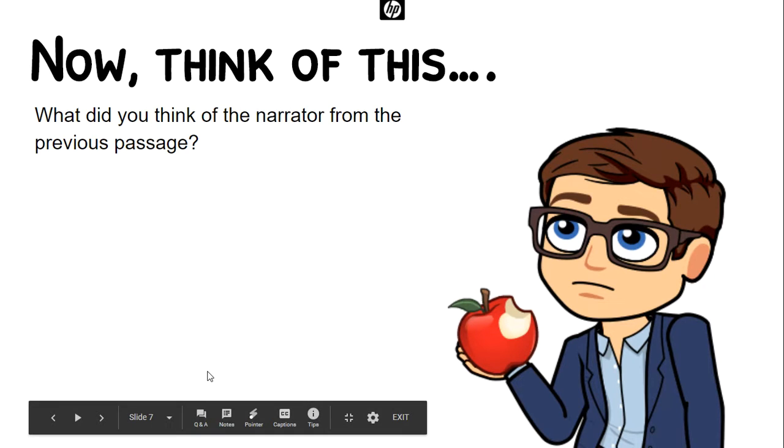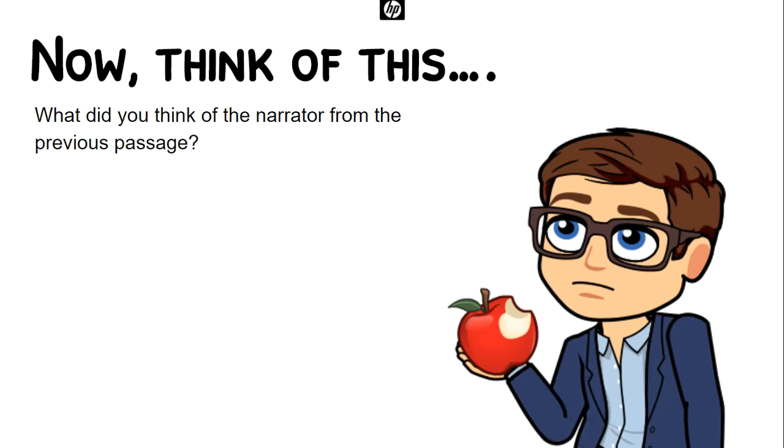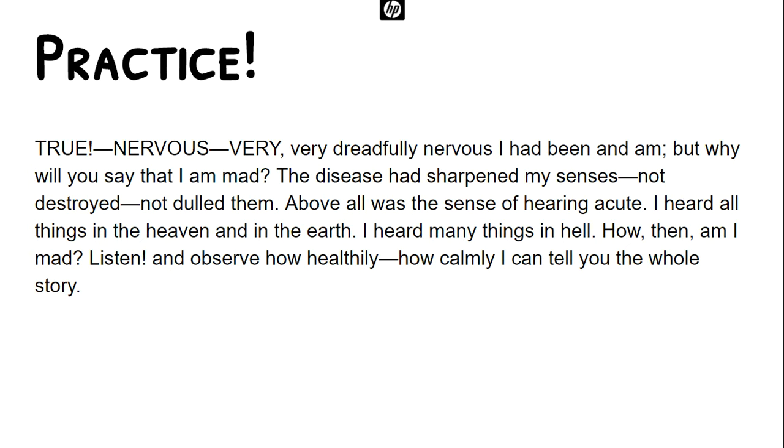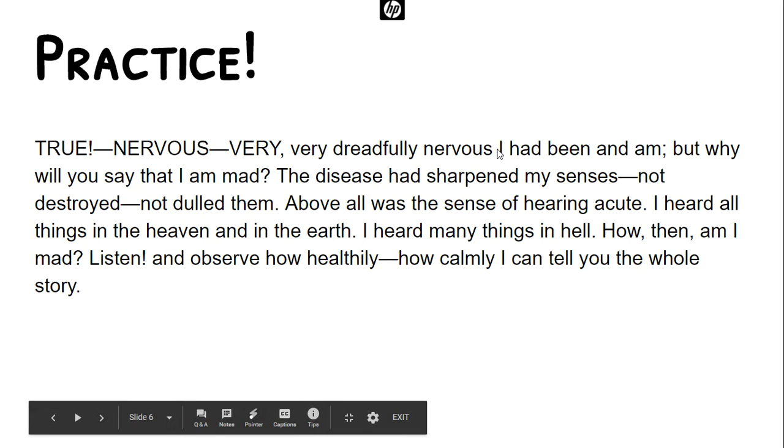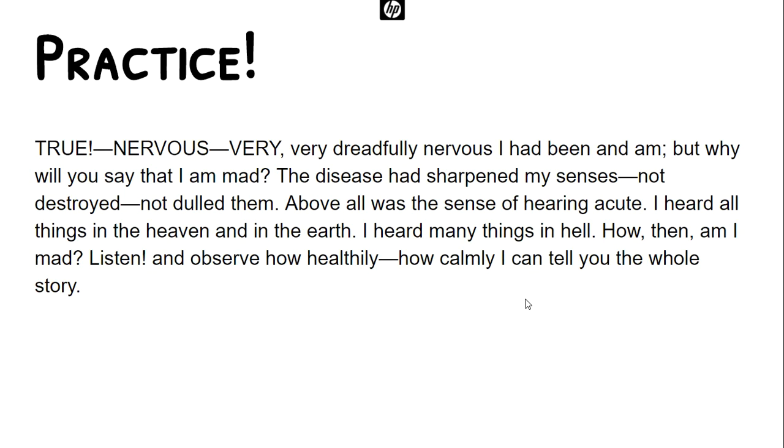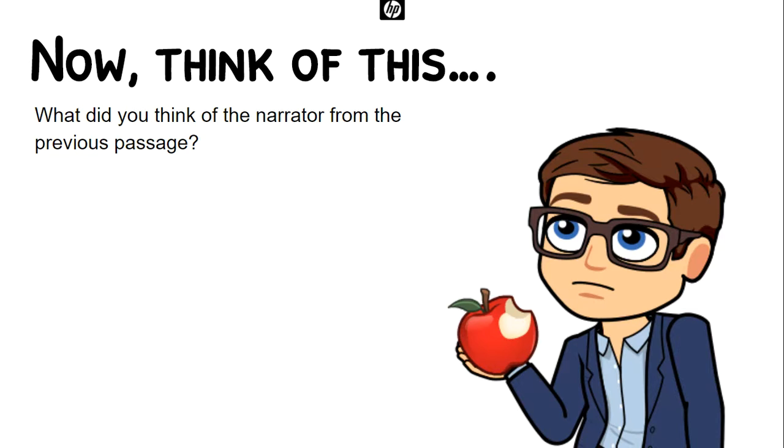Now, think of this. What did you think of the narrator from the previous passage? If you were reading it, you know that it's first person point of view because they're using pronouns such as I. So it's told from that person's point of view, first person point of view. But think about this.